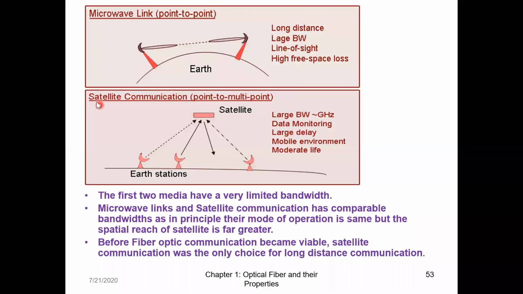Then the fourth one is satellite communication. Here you can see, the earlier three were all point-to-point communication. In satellite communication, we have point to multi-point. Bandwidth was very large, in terms of gigahertz. Data monitoring was possible. But the problem here was large delay. Why?